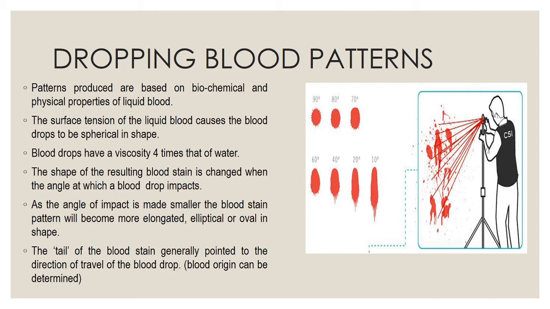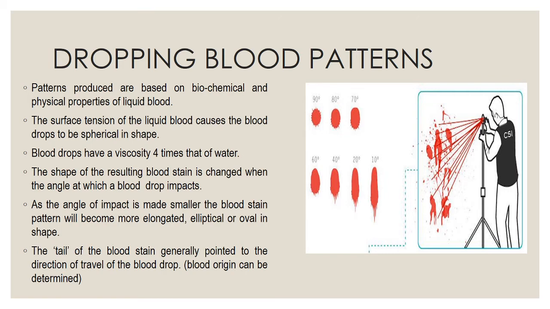And we can say a drop of free fall blood has a terminal velocity also, ranging from 20 to 25 feet per second. And there are so many factors which influence the size and shape of blood stains once they reach a target surface.